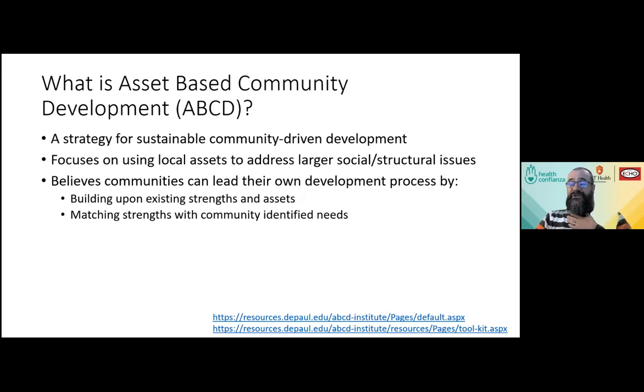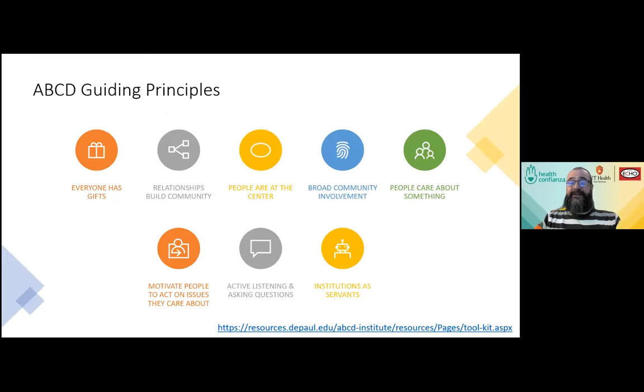And so it's a relationship building approach. It's a community organizing approach to engage in collective action to address the common good. And really, it's about discovering those assets, as I said, and then it's a set of practices and principles to mobilize people towards action to address commonly identified issues.